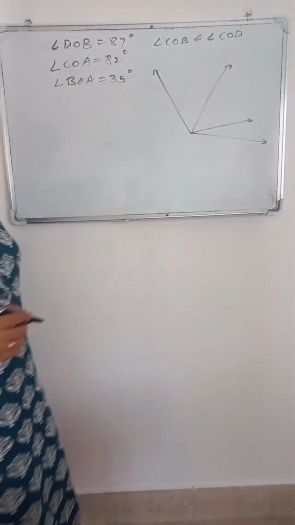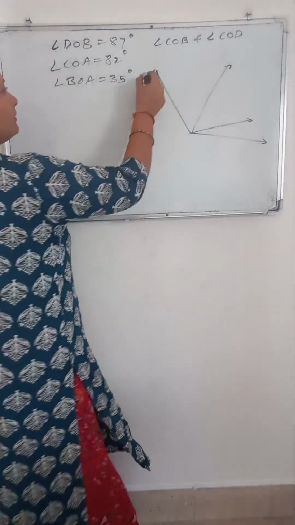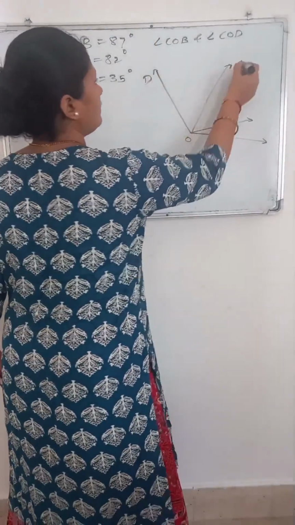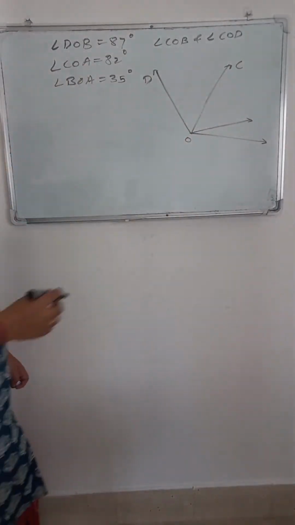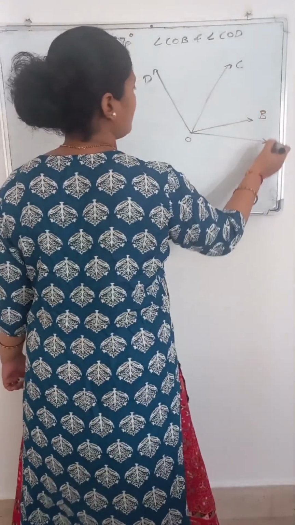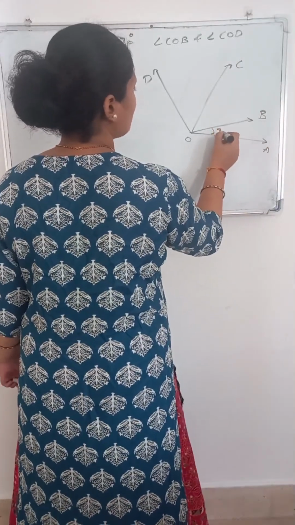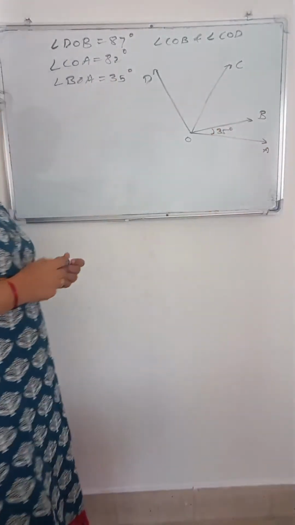Here write down, this is B, this is A, and this is given as 35.